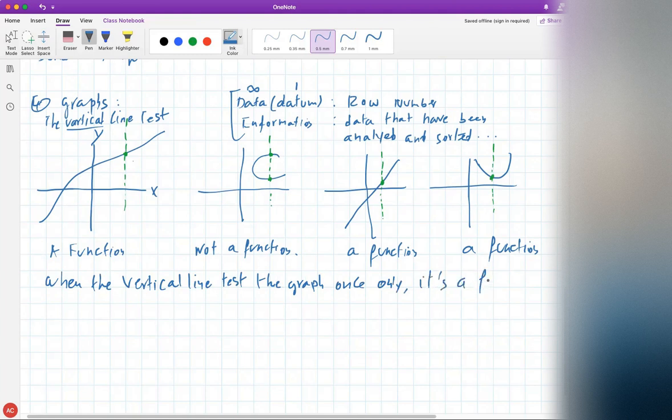And of course, more than that is not a function. Okay, so when the vertical line test intersects or meets the graph, intersects.